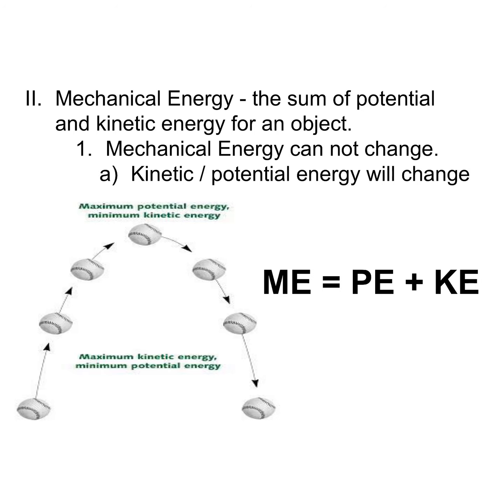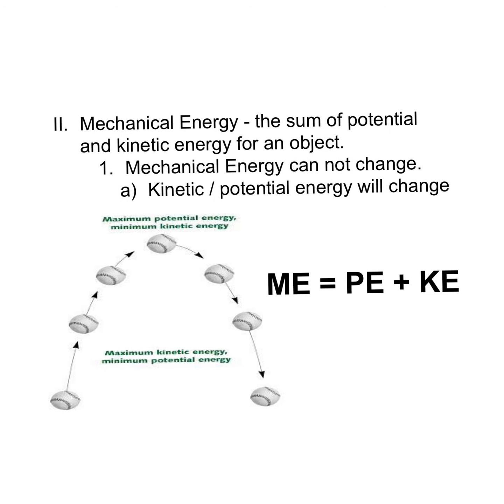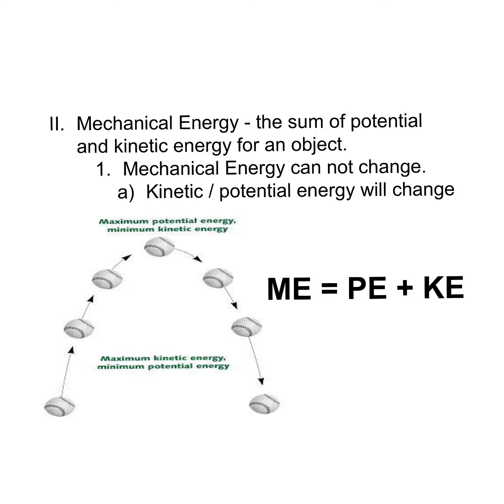Okay, so how can that apply to what we're looking at? The main thing that we're going to look at is this idea of mechanical energy. Mechanical energy is basically the sum of potential and kinetic. And the idea is that mechanical energy cannot change for us right now. When you get into higher science, it might, but for us, we're going to say mechanical energy is not going to change. Instead, the kinetic and potential energy will change, but the sum of them, the total, the mechanical energy, will not.